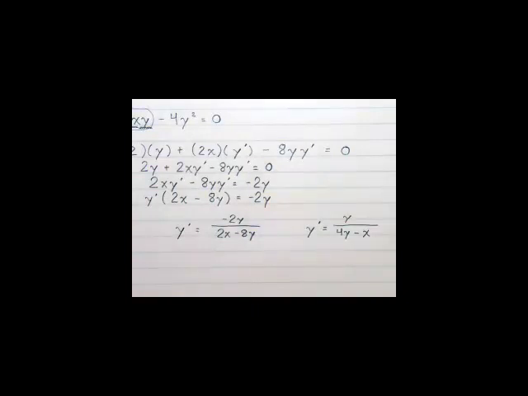I took out a negative 2, technically, right? So if I divide everything by negative 2, the negative 2y becomes y. The 2x becomes negative x, and the negative 8y becomes 4y. So that subtraction on the bottom just got switched because of that. But everything had a negative 2 pulled out and canceled.